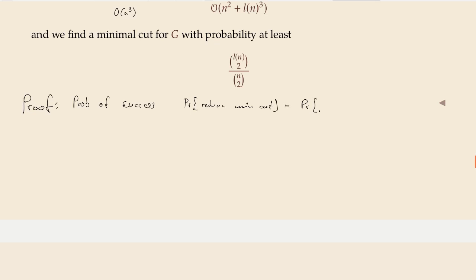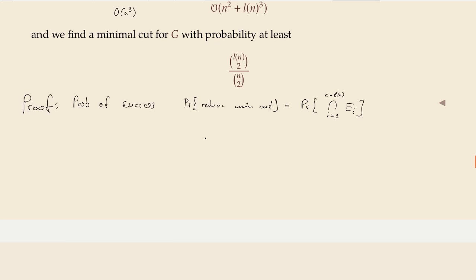That's exactly the probability of these events, that in the ith step we don't pick an edge from the actual min cut. Now in the modified algorithm, before we used to go down until n-2, until we have contracted the graph into a single pair of vertices. Now we stop it early by truncating if we have this size L of n.